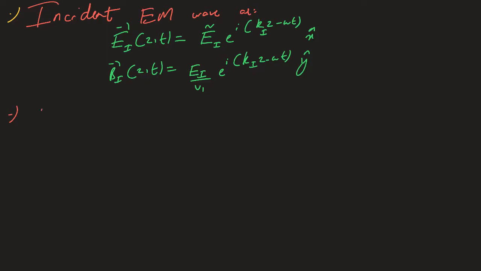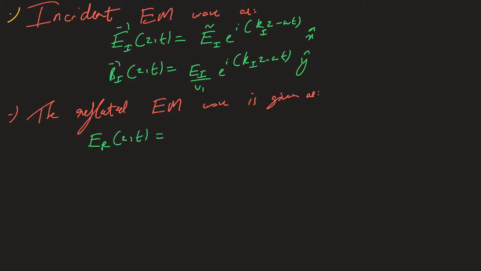Similarly, the reflected electromagnetic wave is given as, E reflected of z, t is given as E reflected tilde, because it can be complex, e to the i of minus k1 z minus omega t, also polarized along x.